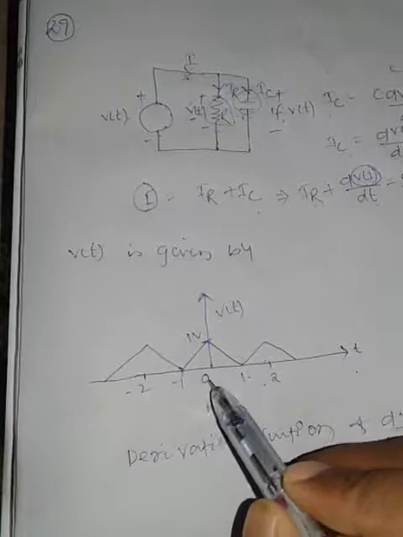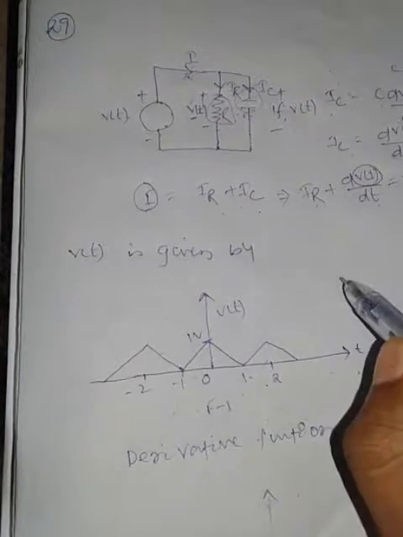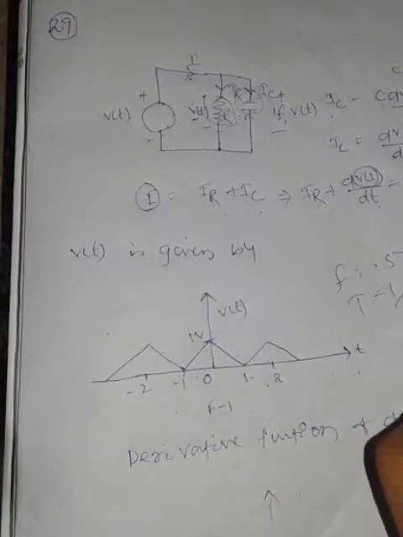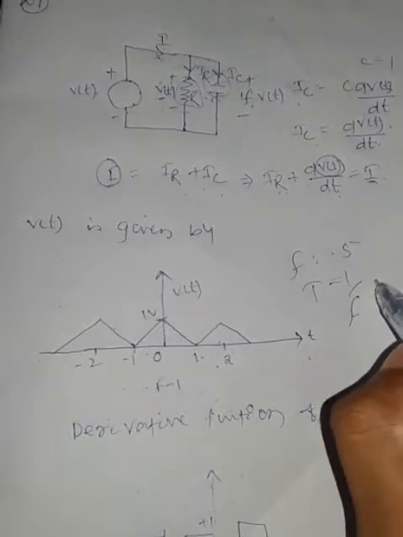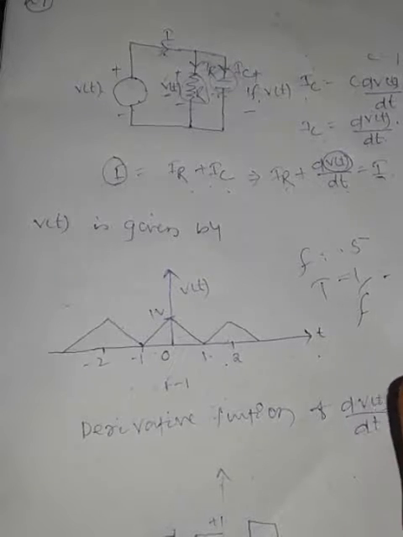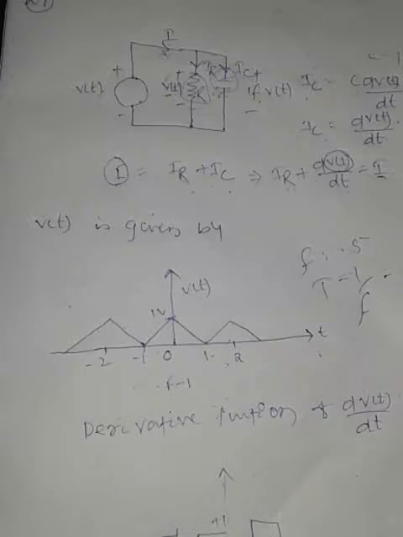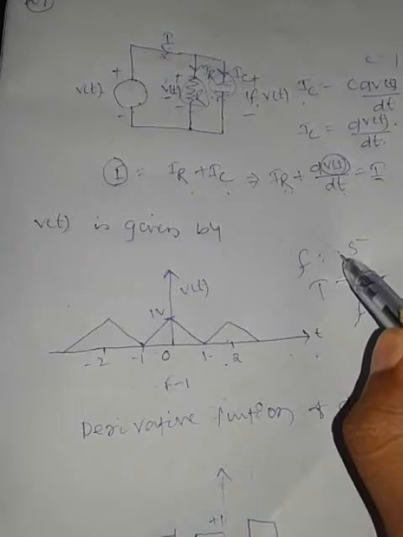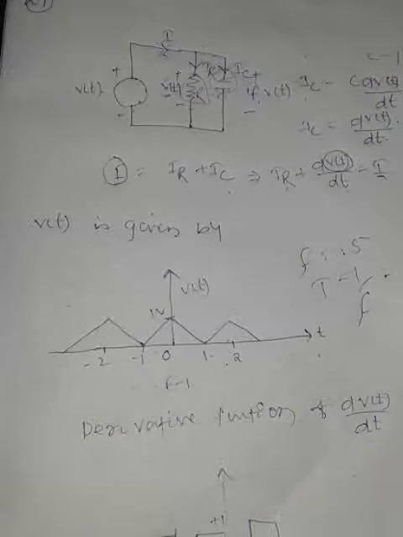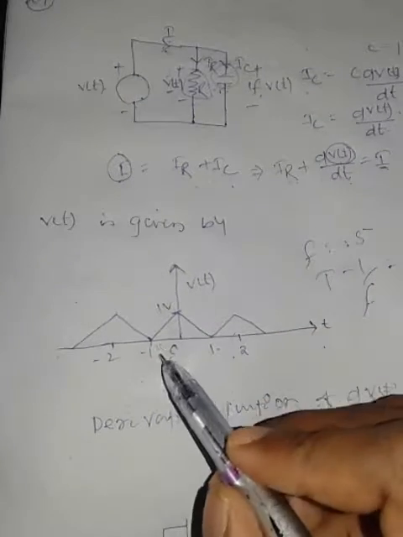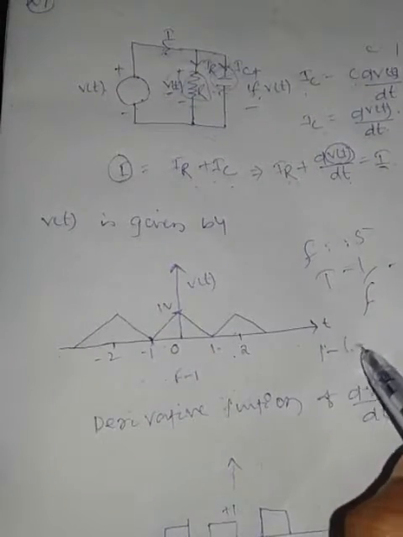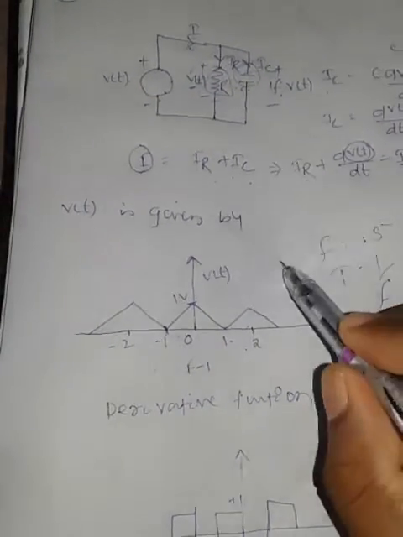They have given the frequency as 0.5, so the time period will be 1 by f, which is 1 by 0.5 is equal to 2 seconds. So its value goes from -1 to 1, and the time period will be 2 here.